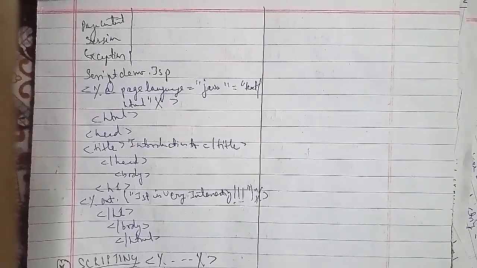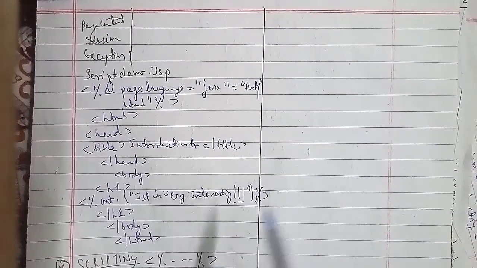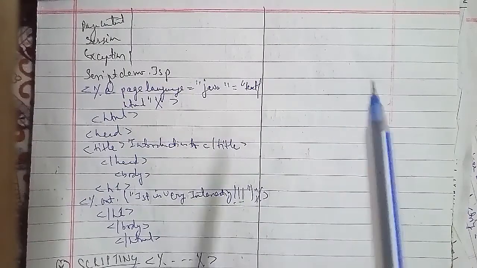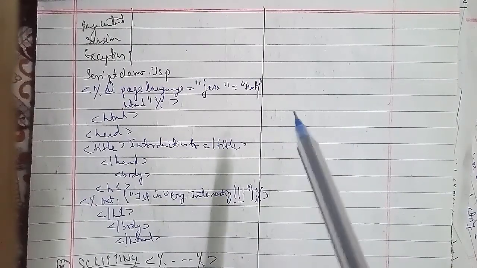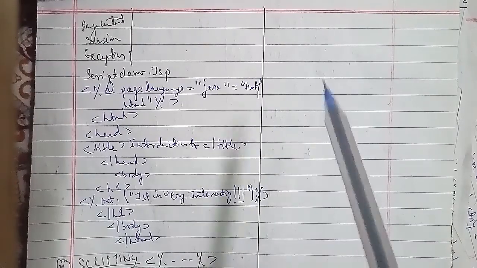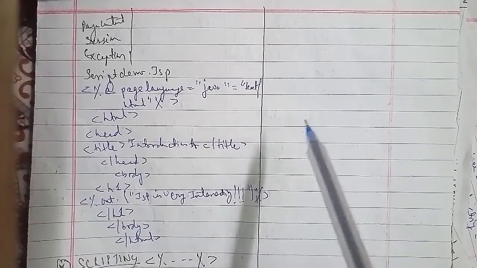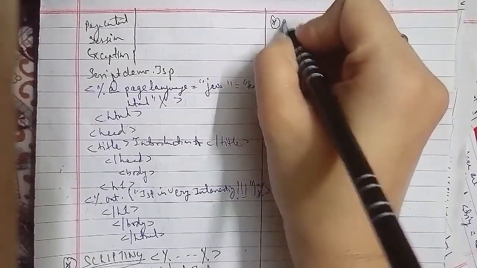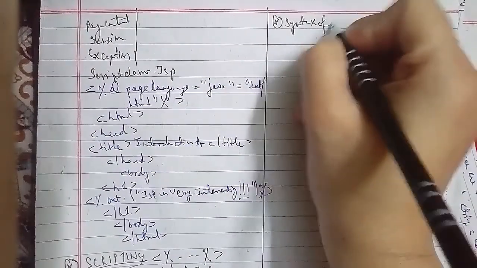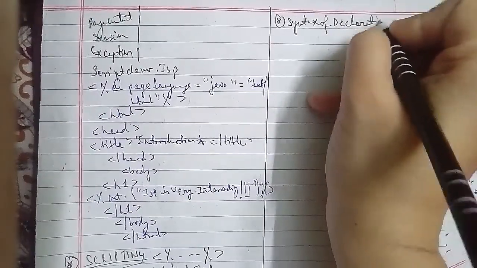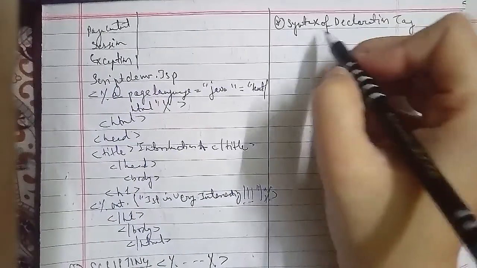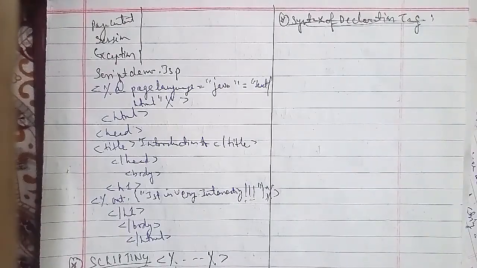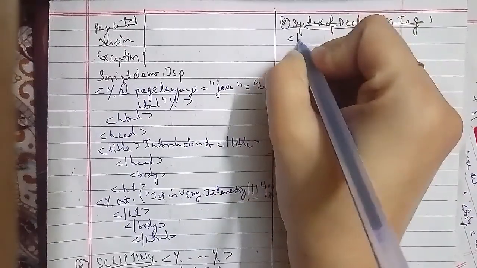So the syntax of the declaration tag, for example: HTML, head, title, JSP declaration demo, title tag close, then head tag close, and then of course the percent sign declaration, String message equals hello, then percent sign.